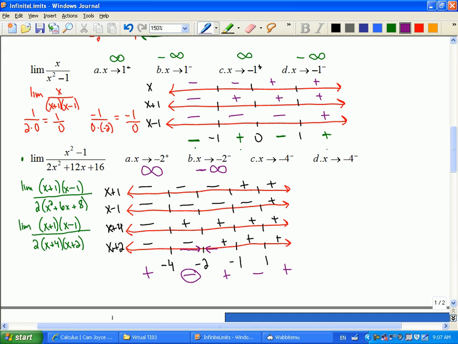As I approach -4 from, I'm going to assume that this is a positive. Is that okay? Then that'll be from this side, which again is negative infinity. And as I approach from the left-hand side, it's positive infinity. So essentially I could tell you where those asymptotes are headed.